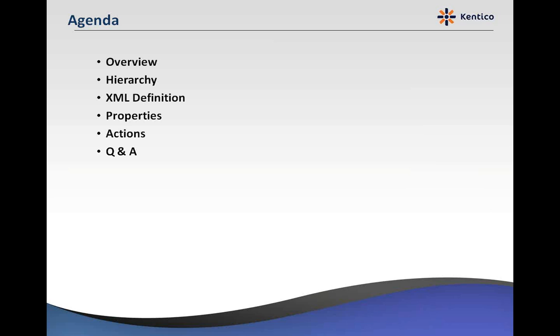As we go through the XML definition, I will show you examples of particular attributes, so you can see how they work and what the result will be when you use some of them.